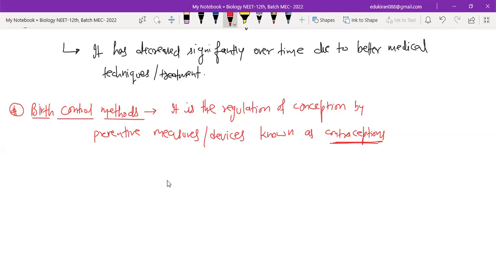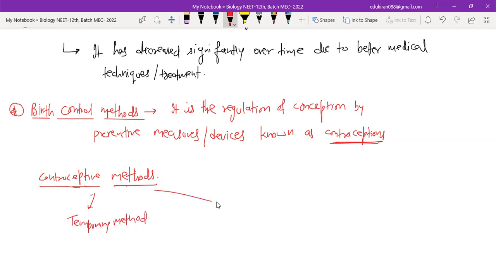Yes. Now for this contraception, we talk about contraceptive methods which are given in your NCERT. They can be of two types. First is temporary method, and the other is permanent method.